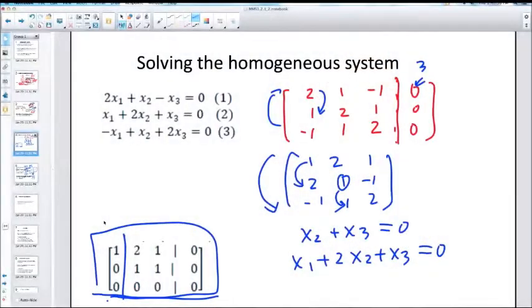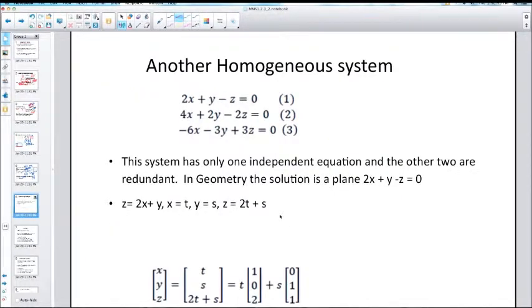What you need to remember is we really have one freedom. Look at this, one freedom and two independent equations, 3 variables. Well, let's look at the next one.